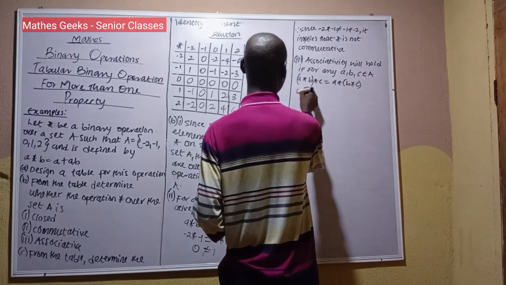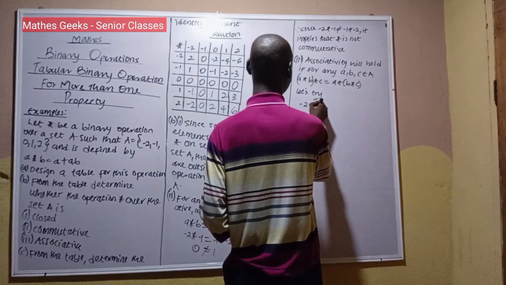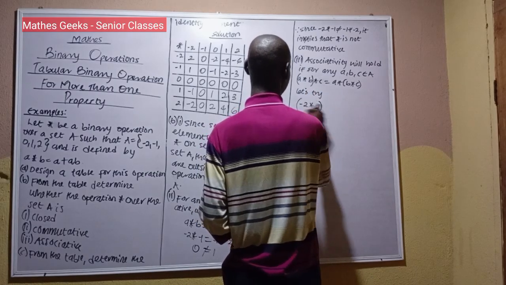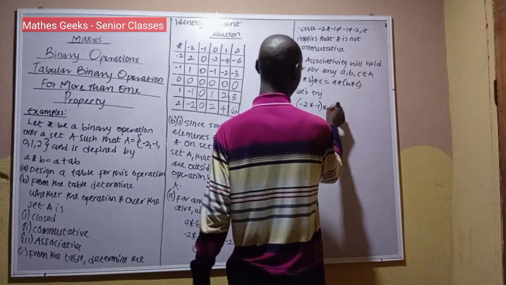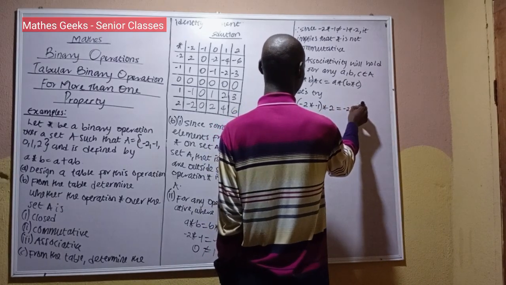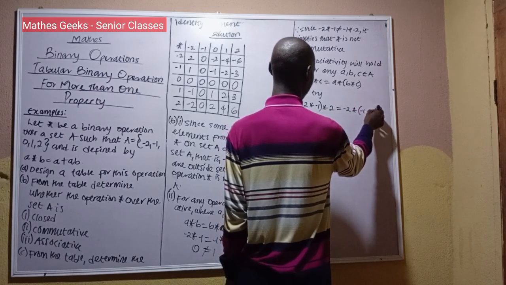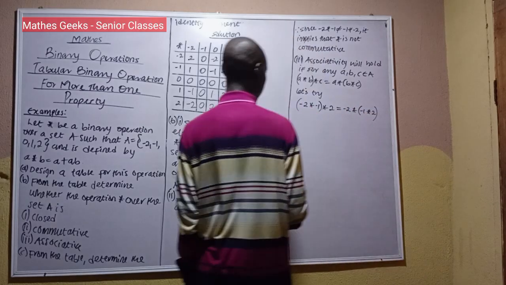Let's try (-2 star -1) star 2. Would it be equal to -2 star (-1 star 2)? Let's see.